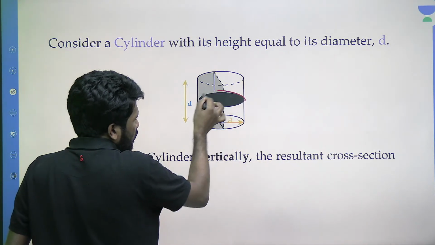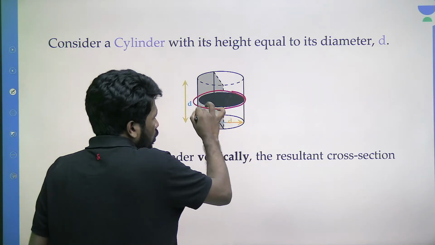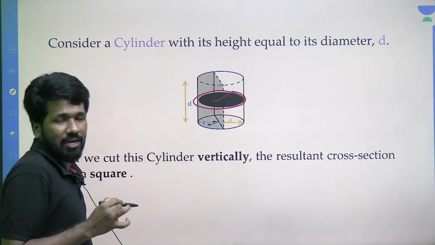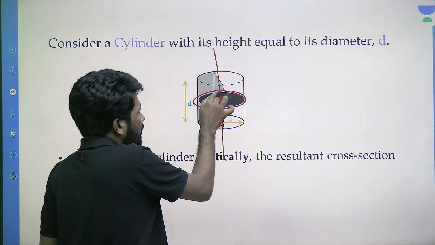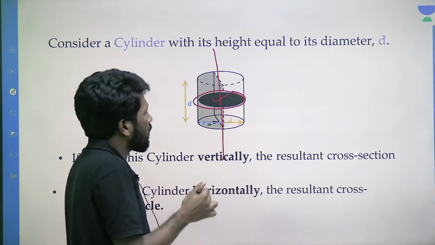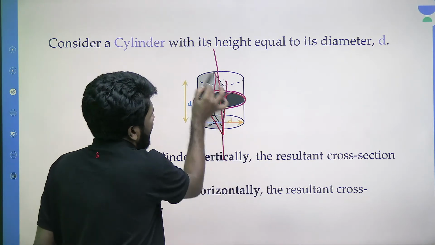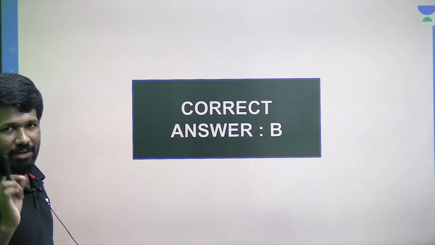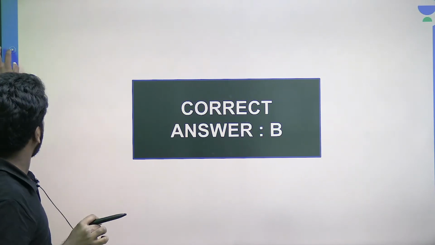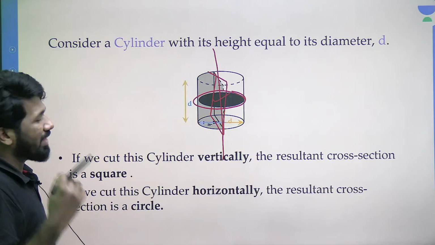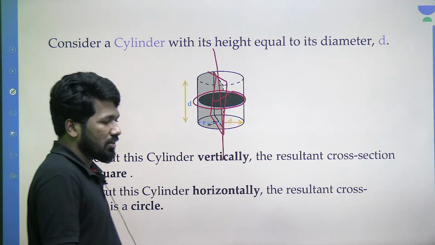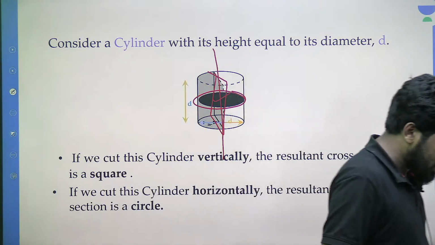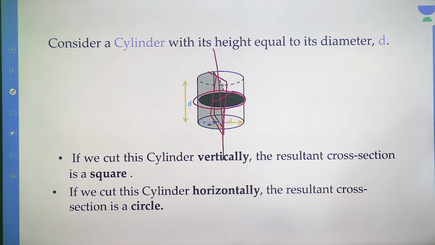After cutting, when you see the piece, the top part will be the shape of a circle, right? And if you cut it like this, the piece that you are going to see is going to be a rectangle. Are you able to imagine that properly? 3D geometry is more about imagining than simplifying using mathematical steps. Is this clear? So if it is a cylinder, then only this will be possible.